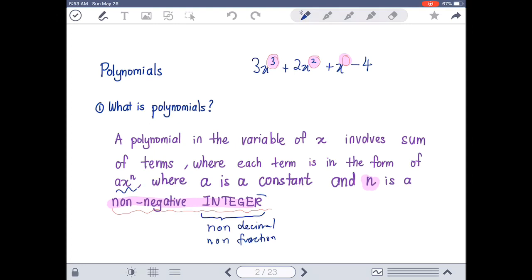Or I can say that integer is nombor bulat. So for an expression to be a polynomial, the power of x needs to be a non-negative integer. If you have a negative integer, then it is not a polynomial.